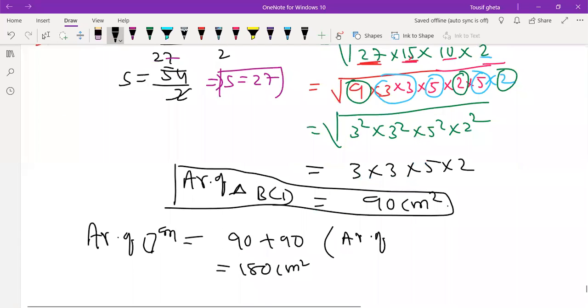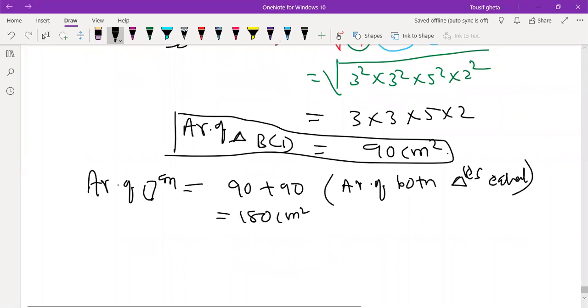Why is the area of both the triangles equal? The diagonal of a parallelogram divides the parallelogram into two congruent triangles. Also, opposite sides will be equal, so that is where Heron's formula gives the same area.